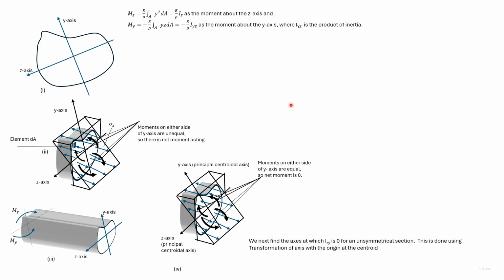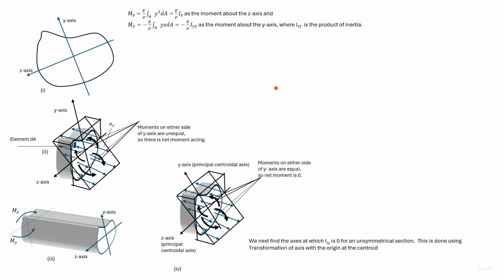Here the section is unsymmetrical and we have worked in reverse. The neutral axis at a section depends upon the moments acting apart from the geometry. So, if we predetermine a neutral axis, then we can find the moments which are related. And due to them acting, the line of zero stress is formed.